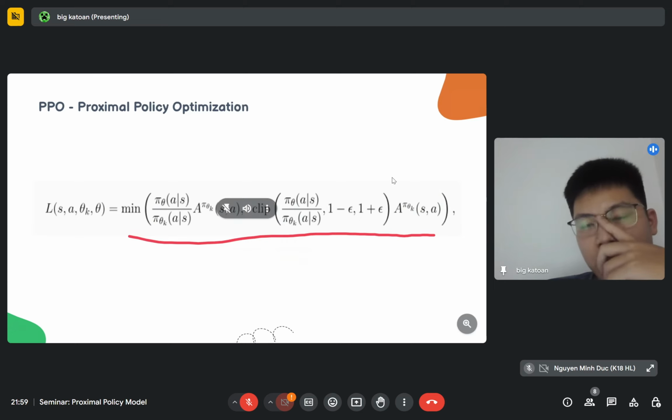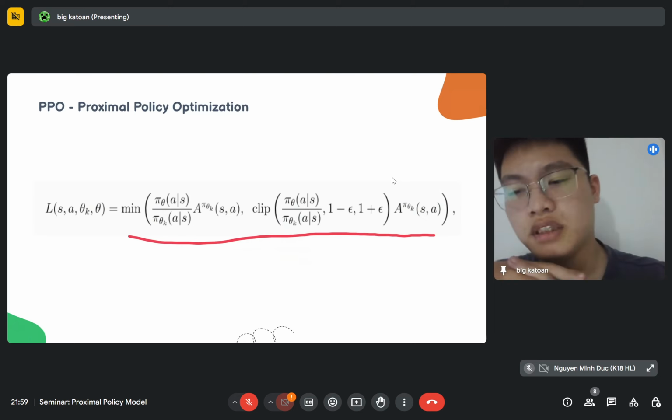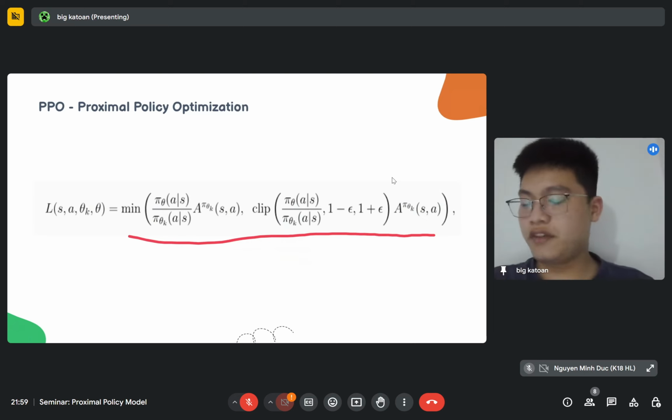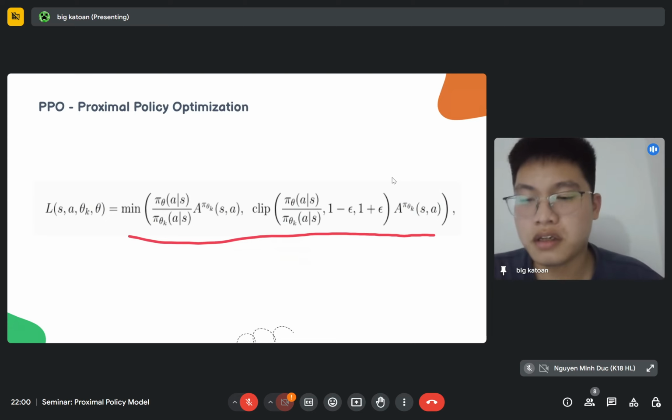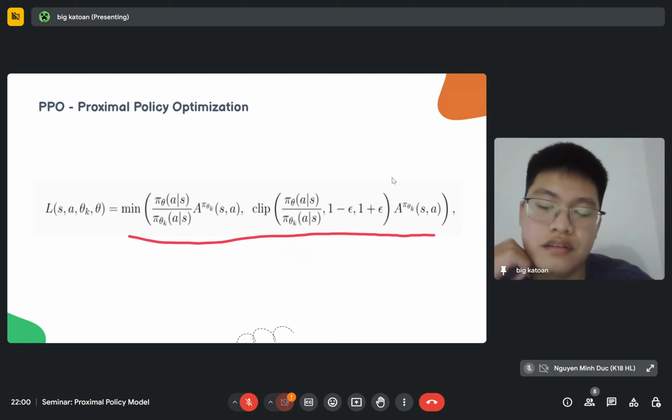Yeah, actually DDPG is focused more on the current reward, but PPO is focused on advantage. The advantage is different from the current reward, right? Because advantage is for the future and reward is for the current action.